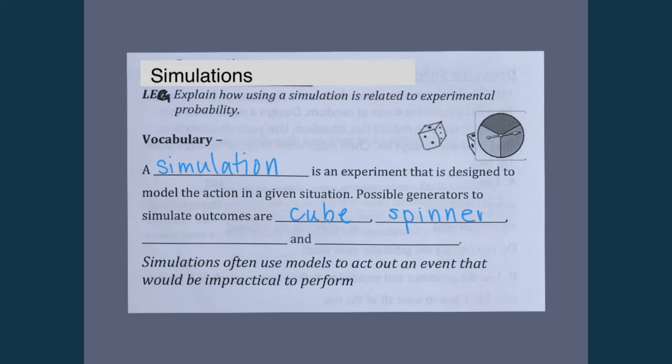If you look down further on your paper, you're going to see marbles, if you were to draw a marble from a bag. There's also cards, if you're to draw specific cards from a deck. Simulations often use models to act out an event that would be impractical to perform.